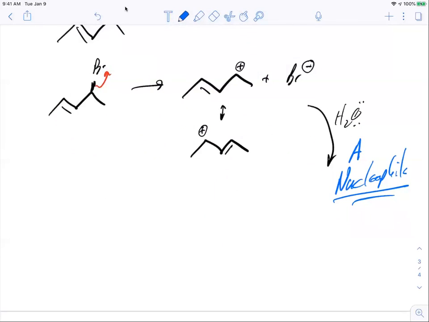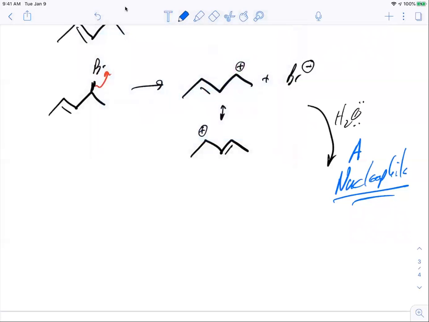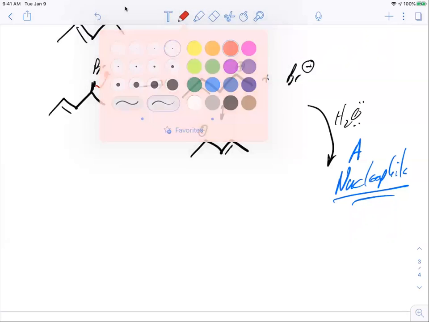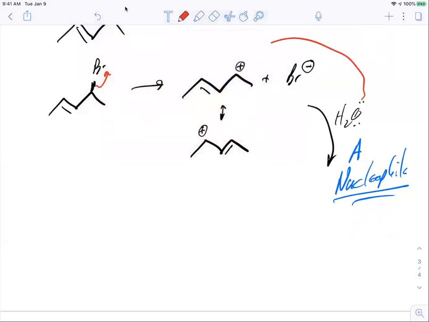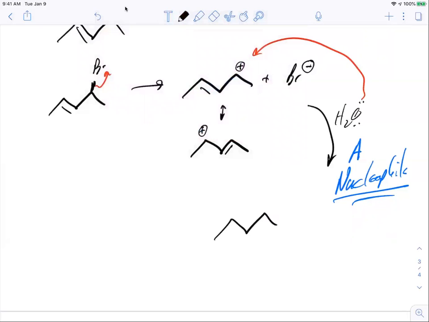Now, this reaction that I'm showing actually has a special name. Let's continue the mechanism here. So this can come in, right, and attack that. That then results in either the front side, we talked about this a little bit on Tuesday.